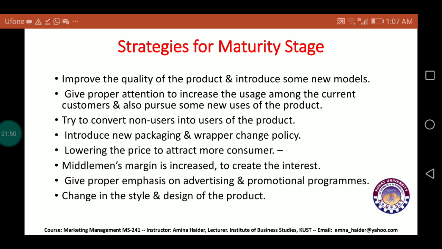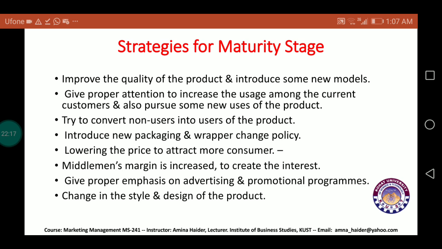They try to convert non-users into users of the product, introduce new packaging and wrapper change policy, and lower the price to attract more consumers. Middleman margin is increased to create interest, give proper emphasis on advertising and promotional programs, and change the style and design of the product.